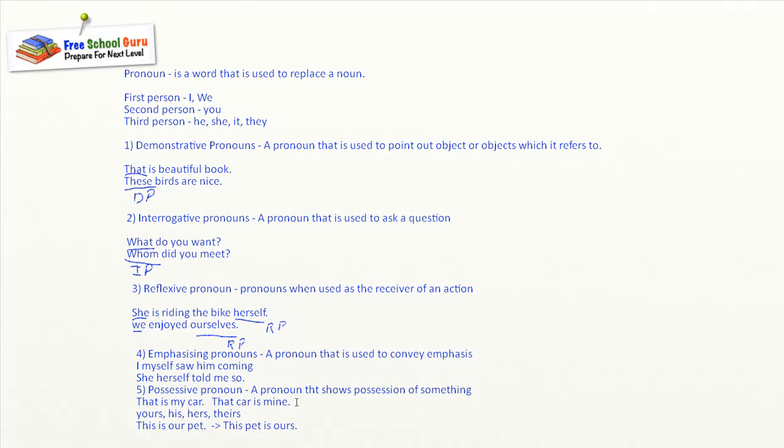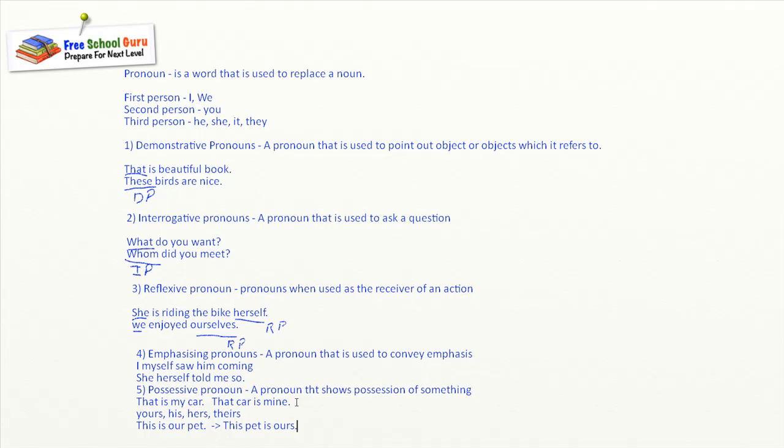Similarly, that is their school. Now if I want to rewrite the sentence using possessive pronoun, I would say that school is theirs. Possessive pronoun is the most important pronoun to understand, so please spend some more time on this. Let me close the session with one more example of a possessive pronoun.